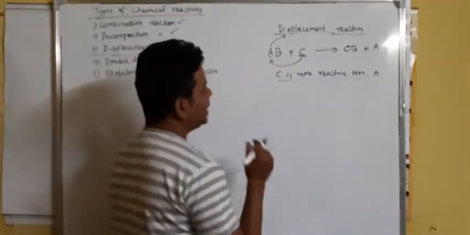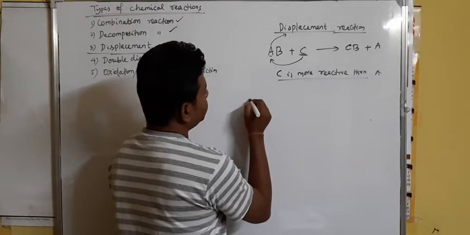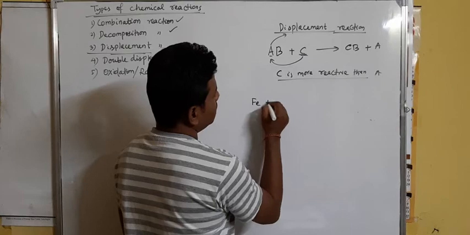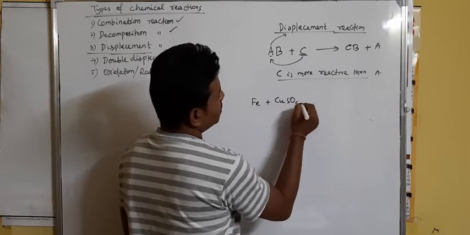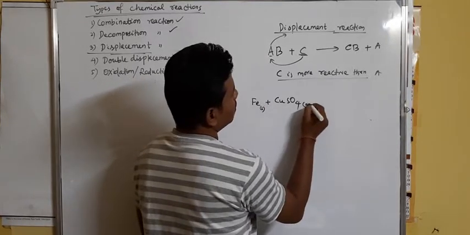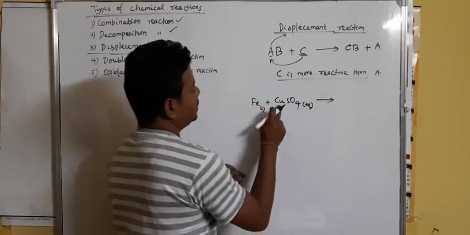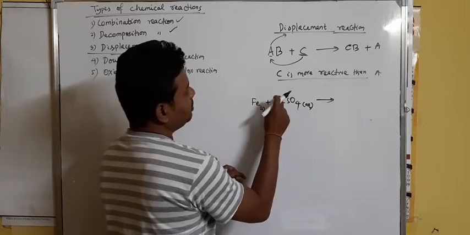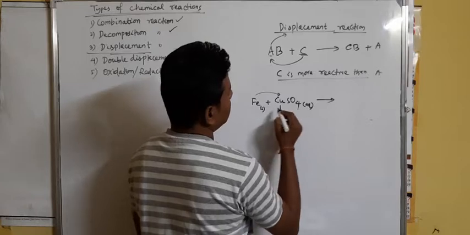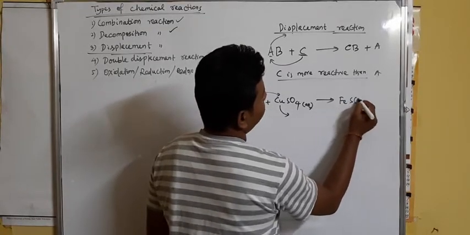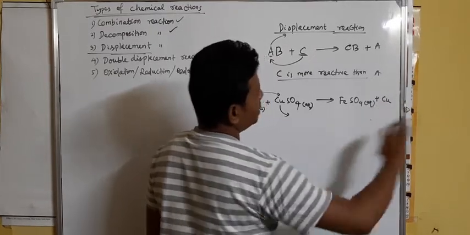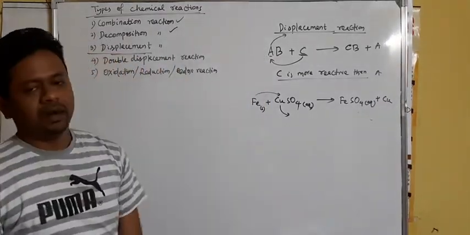This type of reaction is called a displacement reaction. If we take a real example, when iron is placed in copper sulfate solution, then as iron is more reactive than copper, iron displaces the copper and it forms FeSO4 solution, and copper is given out.